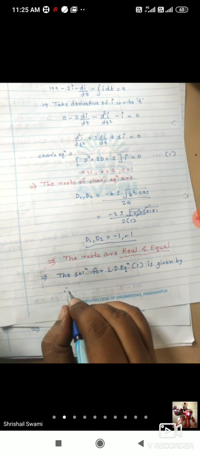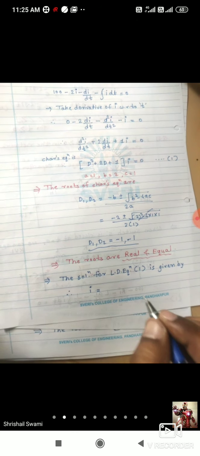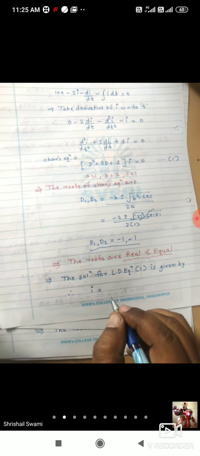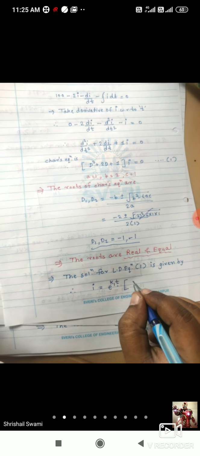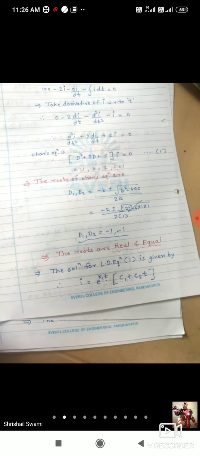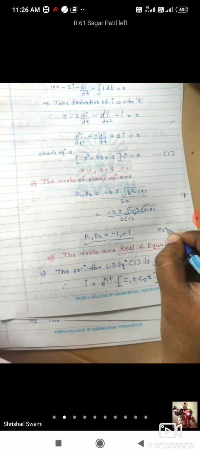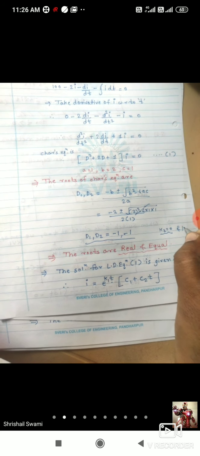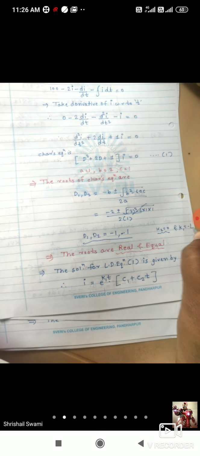सोल्युशनचा? Anyone remembered? I is equal to e raised to k1 into t in bracket c1 plus c2 into t, बरोबर आहे का? चेक करू शकता. Where k1 is equal to only real part, कारण इकडचं k2 0 आहे, here k2 is 0 and k1 is minus 1. Understood?